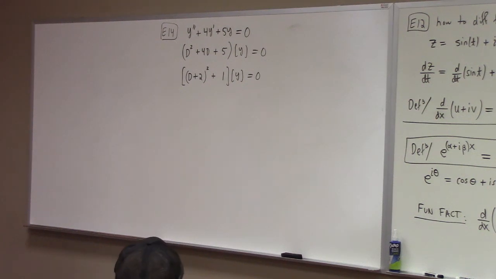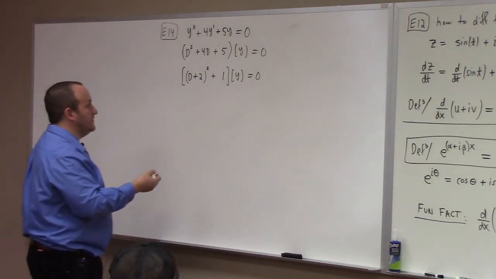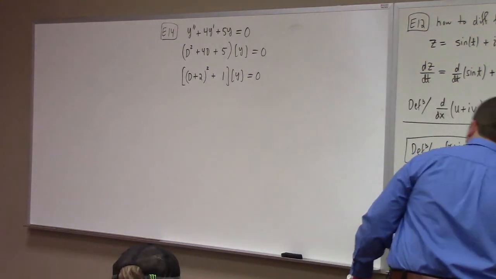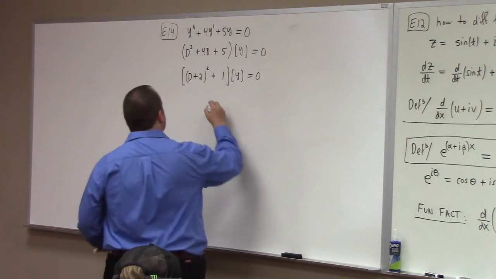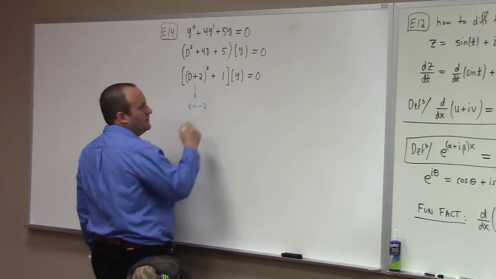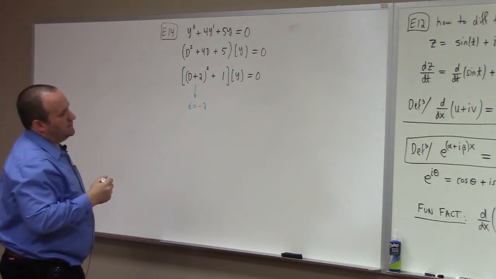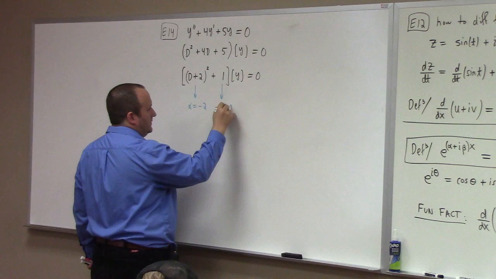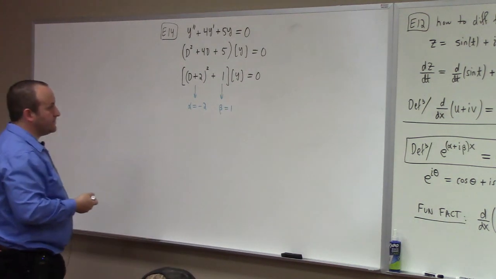And once you do that, you can read from this what the alpha and beta are. So this tells me, by inspection, that alpha equals minus 2. Is that right? Yes, minus 2, and beta equals 1. You could go minus 1, but I'll do 1.